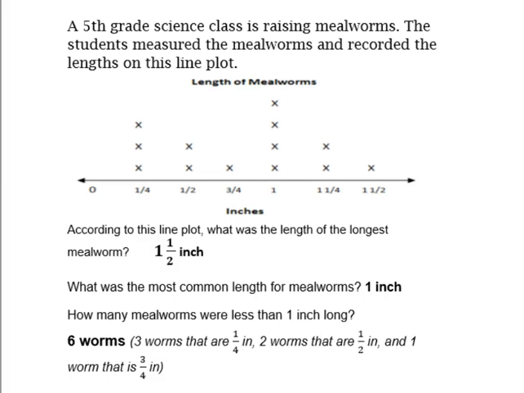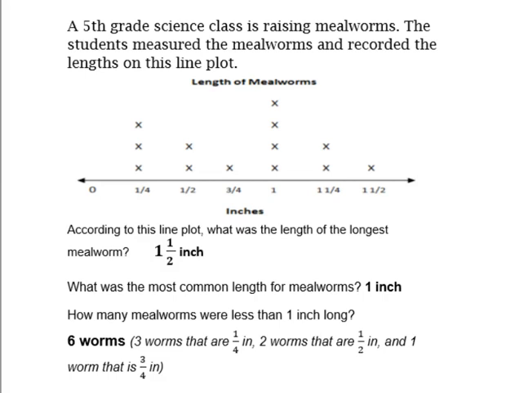Next question. What was the most common length for mealworms? In order to find that, we're looking to see which measurement has the most X's. For 1/4 of an inch, there are 3 X's. For 1/2 an inch, there are 2 X's.